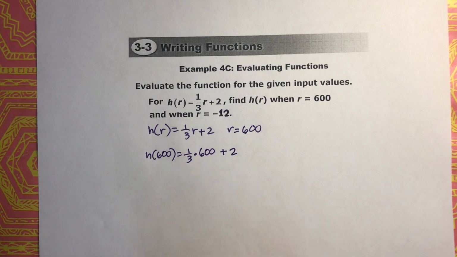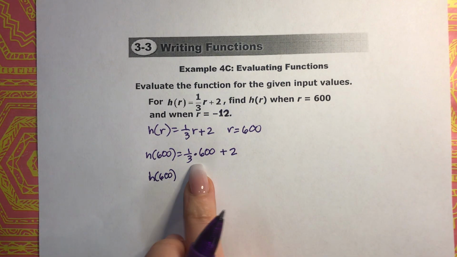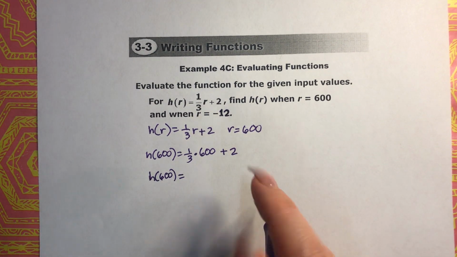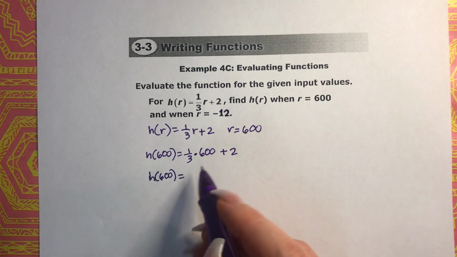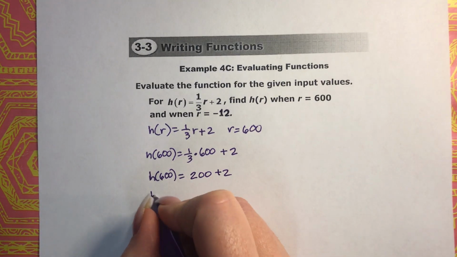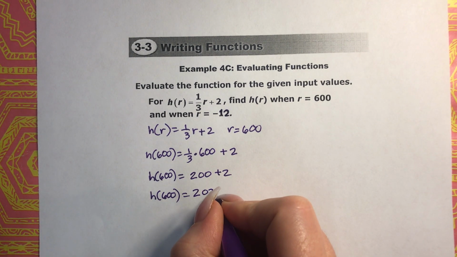Okay, and then we just do order of operations. With the order of operations, we do multiplication before we do addition. 1/3 of 600, or 600 divided by 3, would be 200 plus 2, which means our answer is 202.